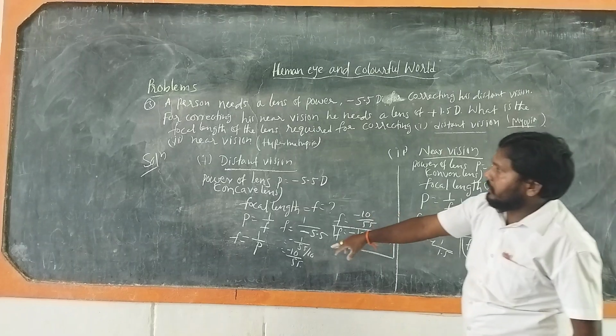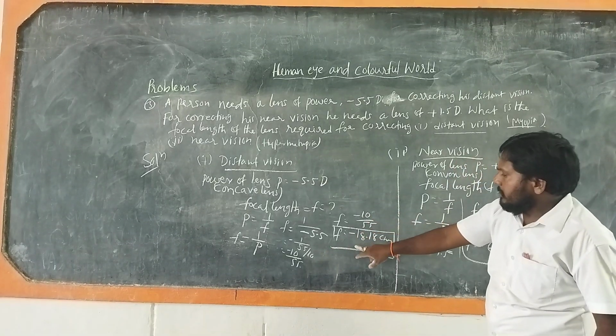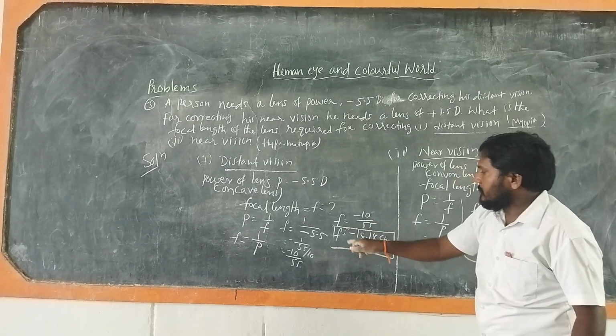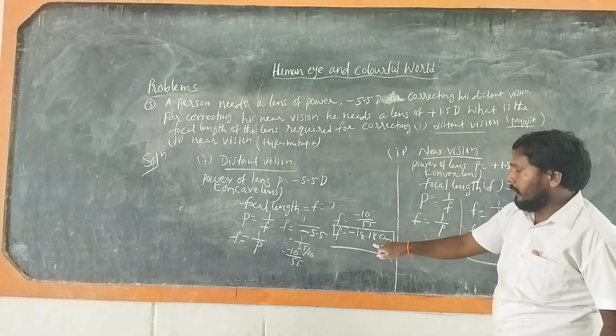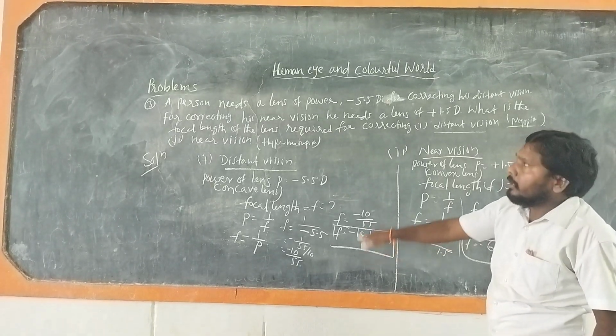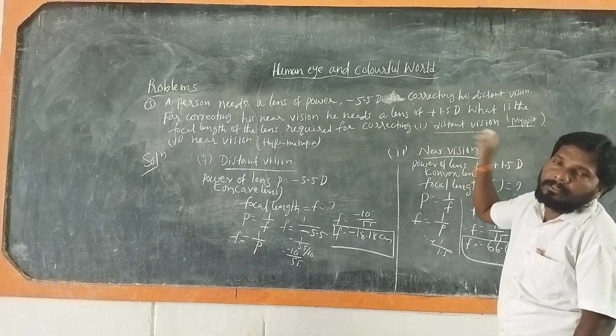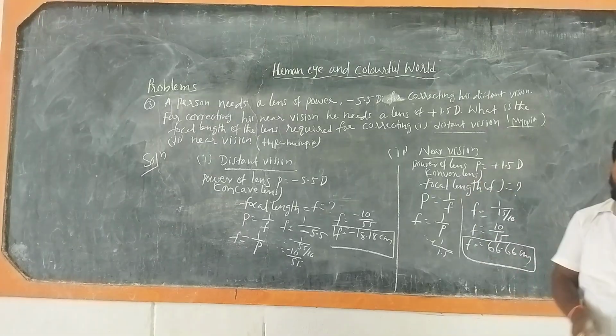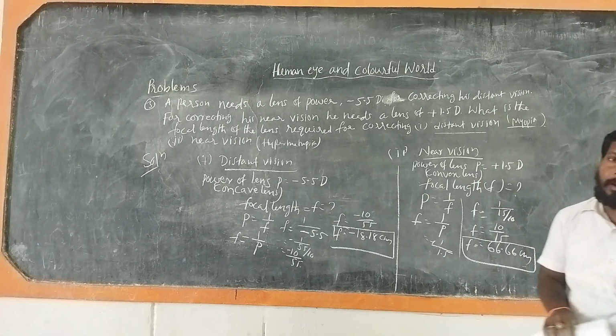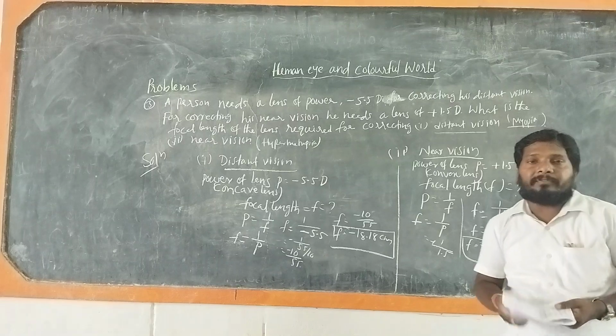And the focal length of the concave lens is minus 18.18 centimeters, which is used to rectify distant vision. So these are the problems regarding eye defects.